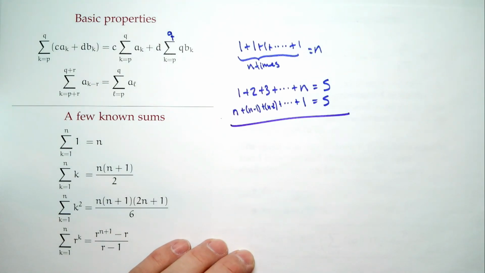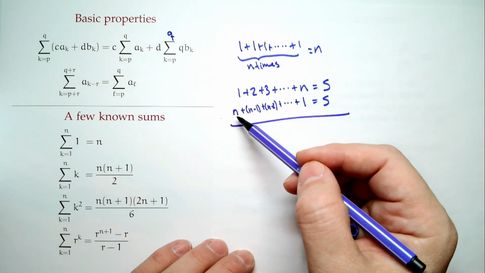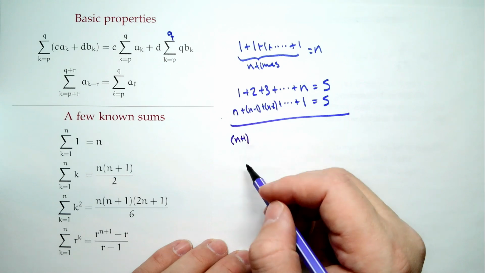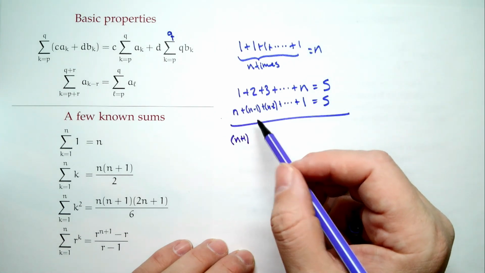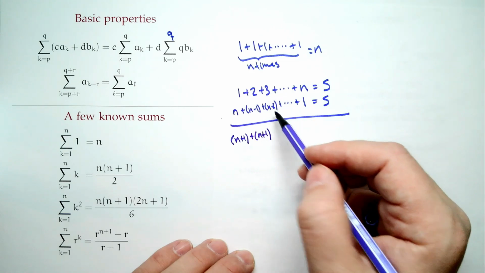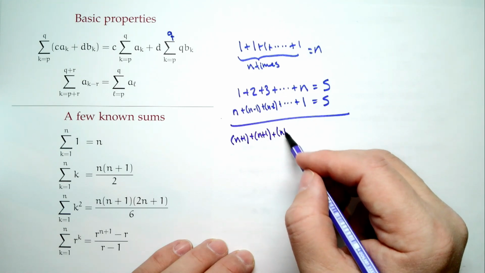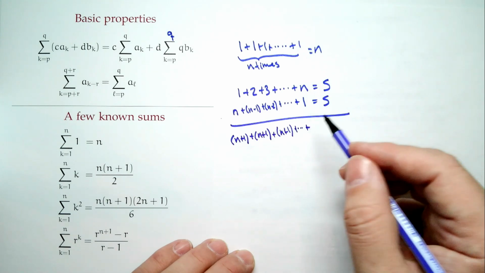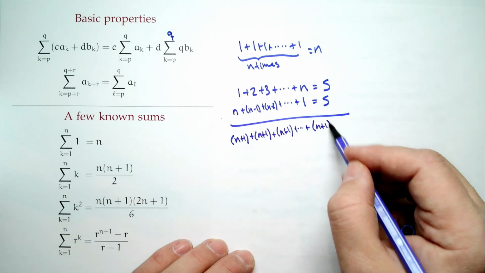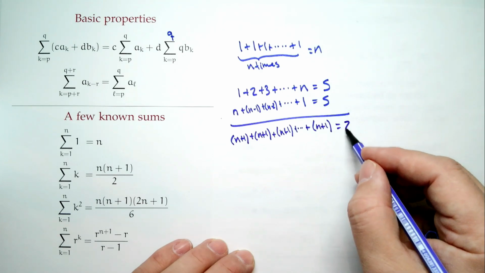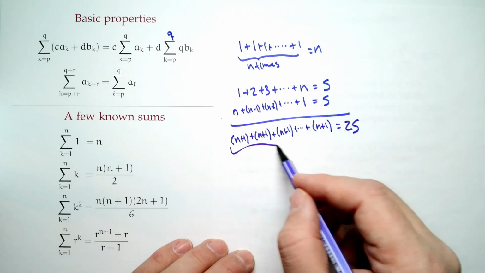Let's tally. 1 plus n, what is that? It's n plus 1. 2 plus n minus 1, what's that? N plus 1 again. 3 plus n minus 2? N plus 1. And we get to the very end, what is n plus 1? N plus 1. Now that's going to be equal to S plus S, which is twice S. How many terms do we have?